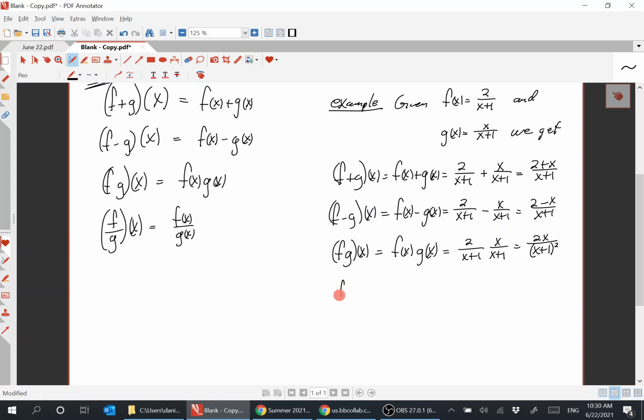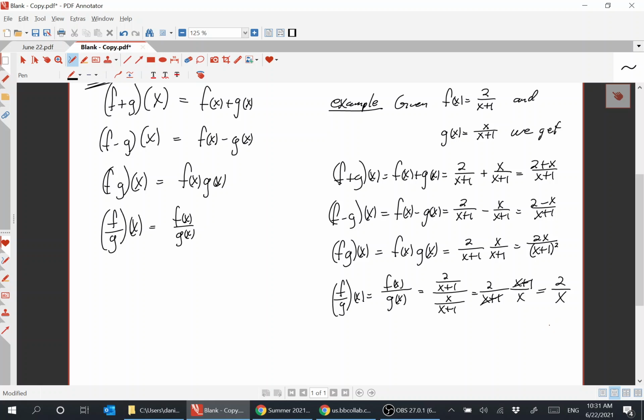And f over g is f of x divided by g of x, which is 2 over x plus 1 over x over x plus 1, which is equal to 2 over x plus 1 times x plus 1 over x, right? Multiplying by the reciprocal, that's just 2 over x.